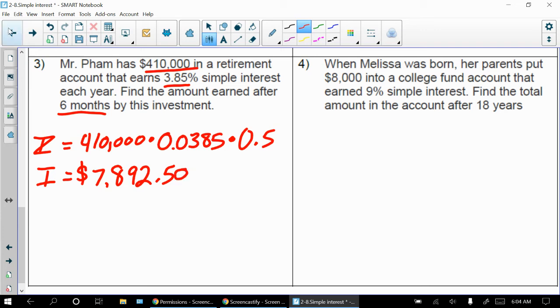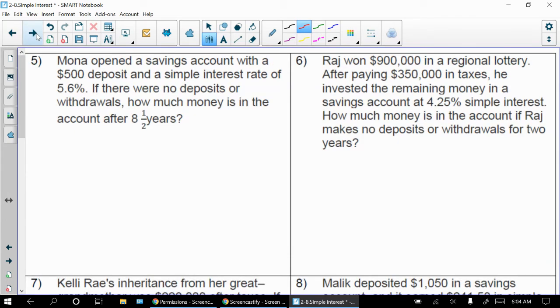Okay. Then you'll do 4. All right, Mona opened a savings account with a $500 deposit and simple interest rate of 5 6/10%. If there are no deposits or withdrawals made, because sometimes we have savings accounts, sometimes you have to dip into it.